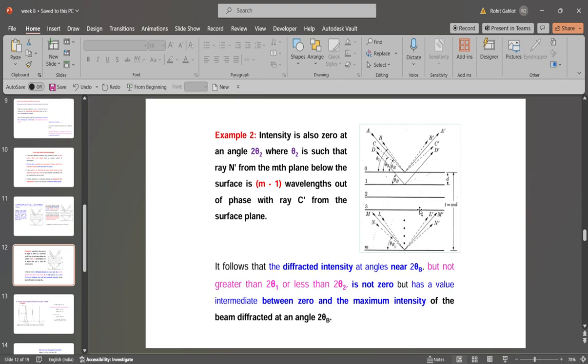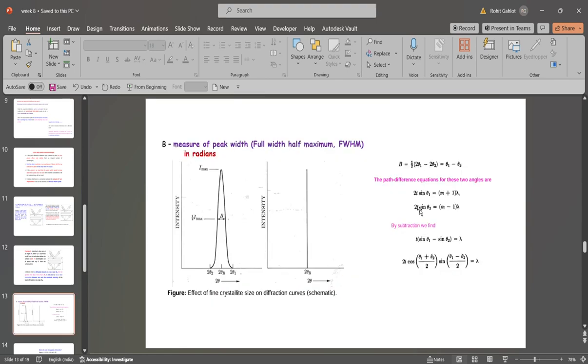So at slightly higher theta 1 and at lower theta 2, the resultant intensity will be 0. Now the measure of your peak width is the full width at half maximum.